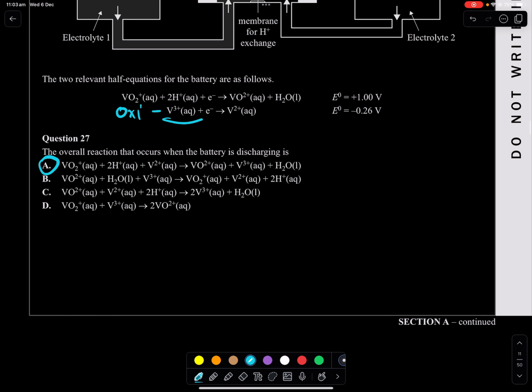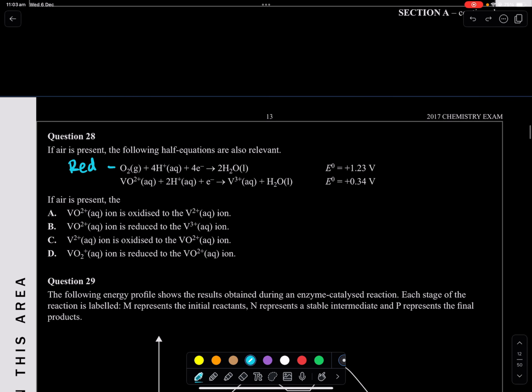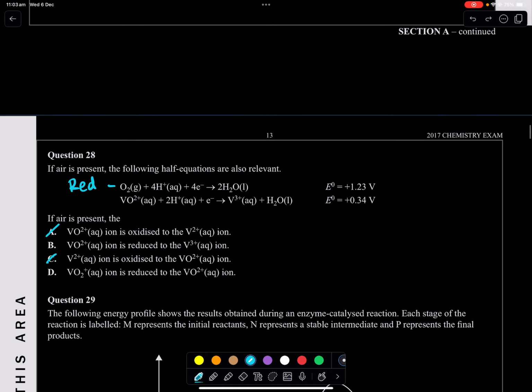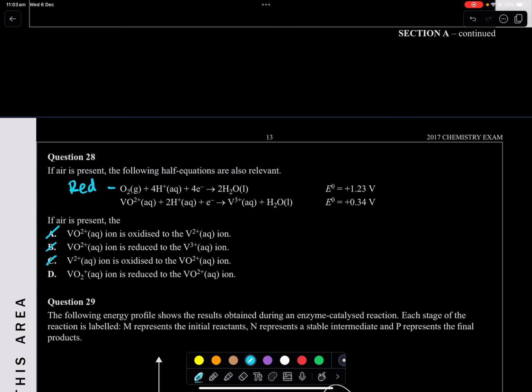No, it's V3 plus. So C is wrong too. The other one's saying this one is oxidized. That's wrong too. It's V2 plus that's being oxidized. VO2 is reduced. This one's going to be reduced, so it's not anything like that. And this one's also wrong. What? Am I wrong? Wait.